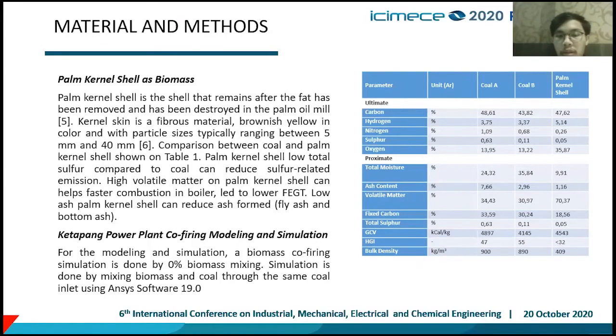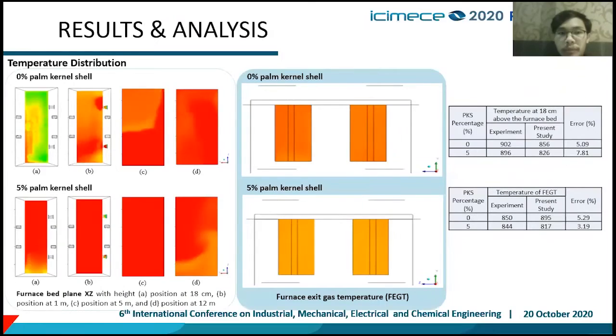Palm kernel shell has lower sulfur, high volatile matter content, and also low ash content. And the last one, Ketapang Power Plant co-firing modeling and simulation has been done using ANSYS software 19.0.